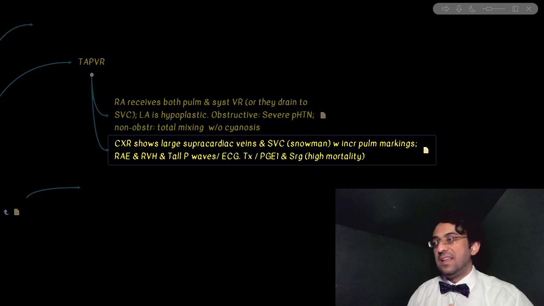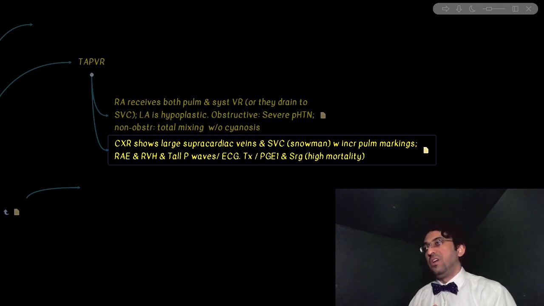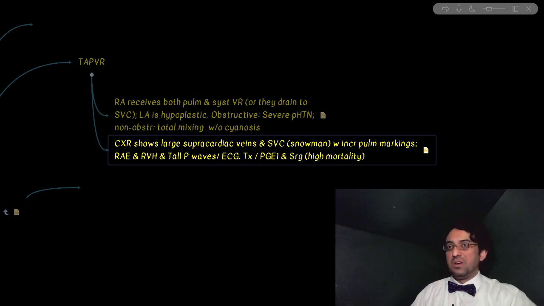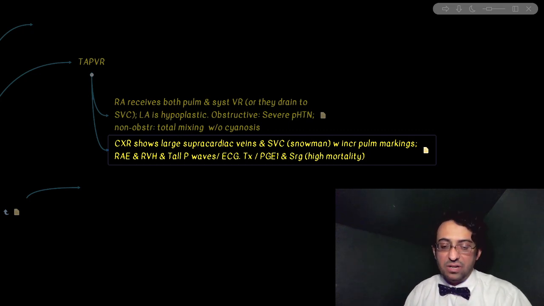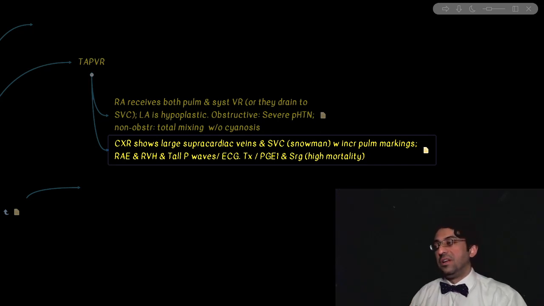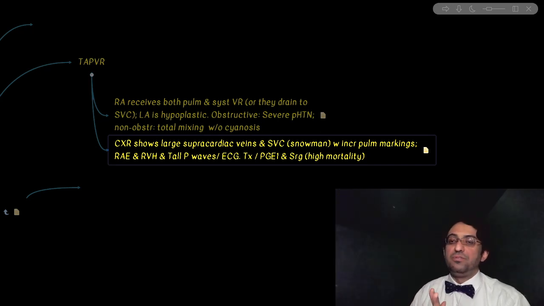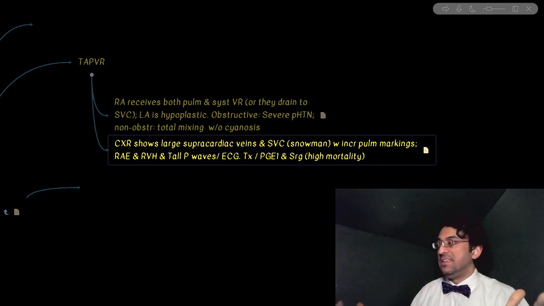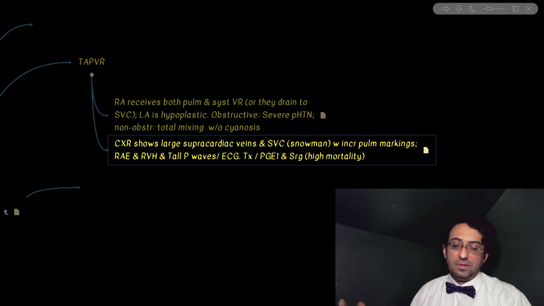What is the second finding in all types of TAPVR? That's increased pulmonary marking because of the backflow, especially in the obstructive type. Again, as I mentioned, right atrial enlargement and right ventricular hypertrophy is possible, and this will translate also on ECG as tall P waves.